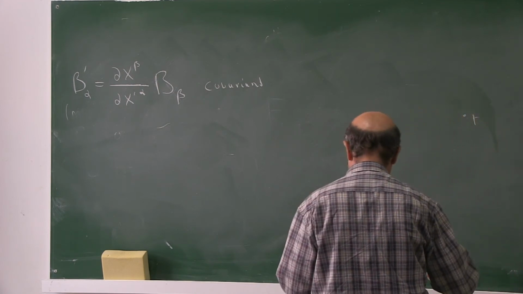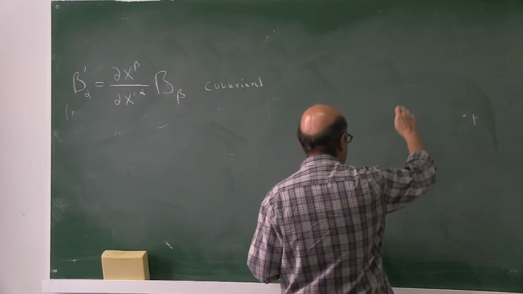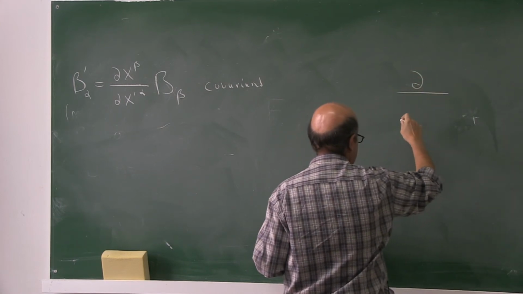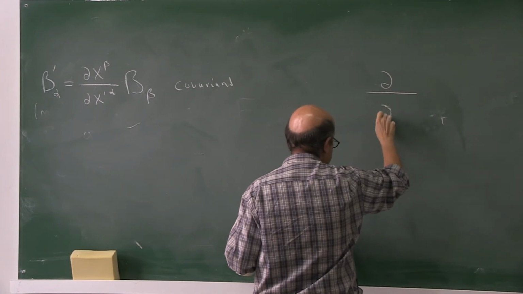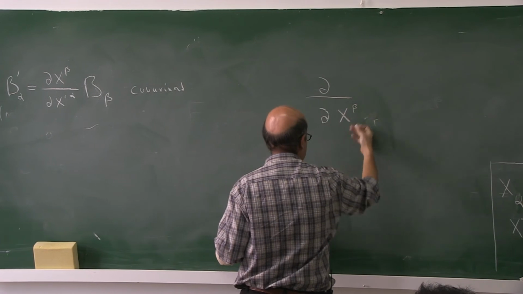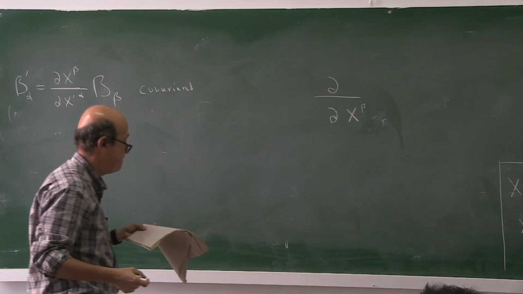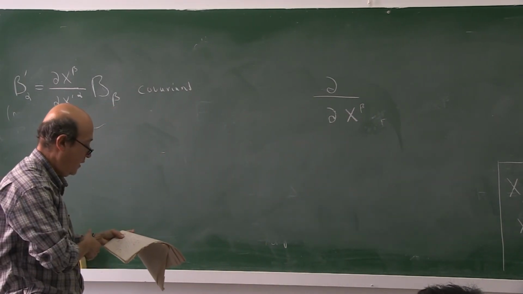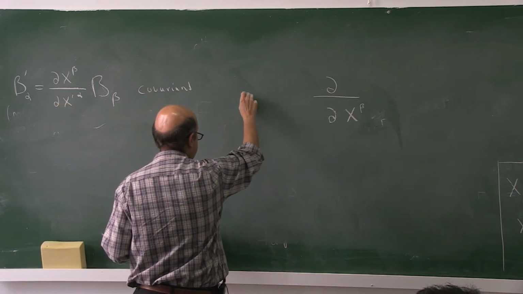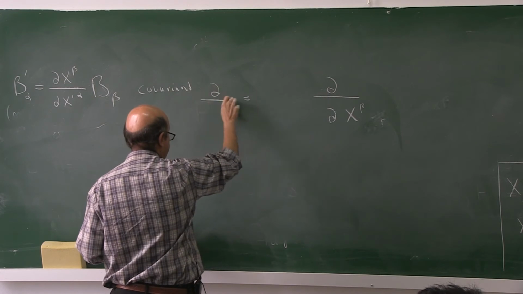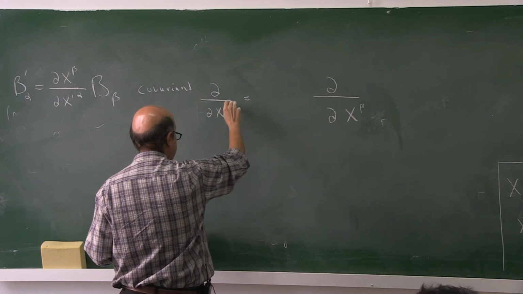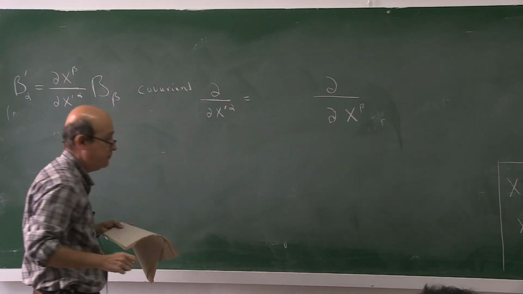Now, if you have a derivative operator, a partial derivative in 4 dimensions, how can you make the transformation to a different coordinate system?